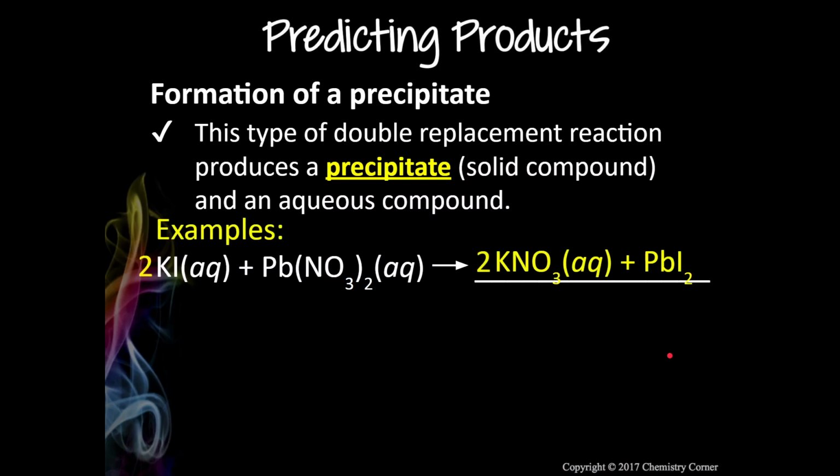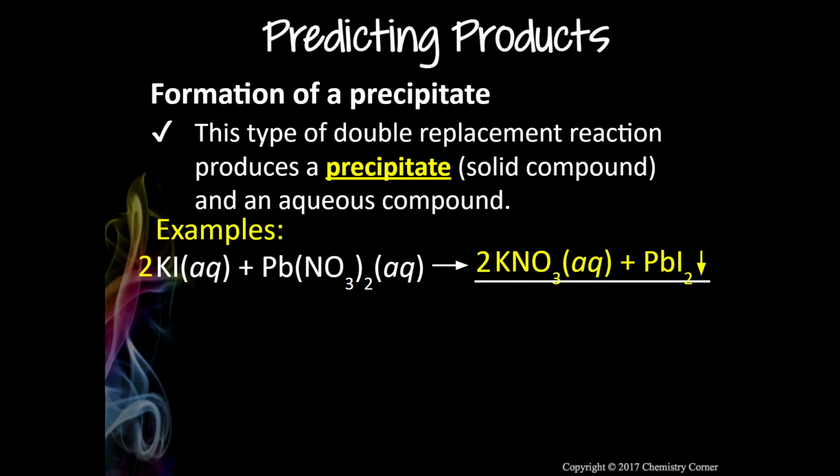and we see, again, this was the one that we looked at earlier with potassium iodide and lead nitrate. Take a moment and look at your solubility chart, at the 5th box down, where it mentions chlorine, bromine, and iodide.